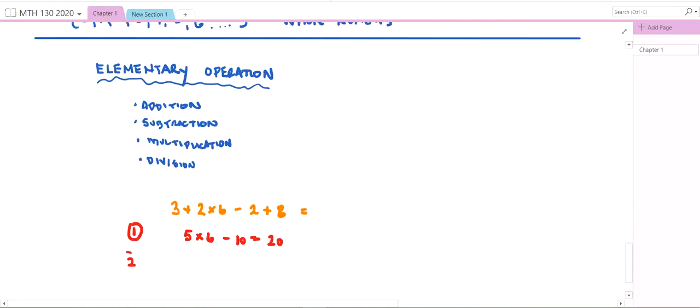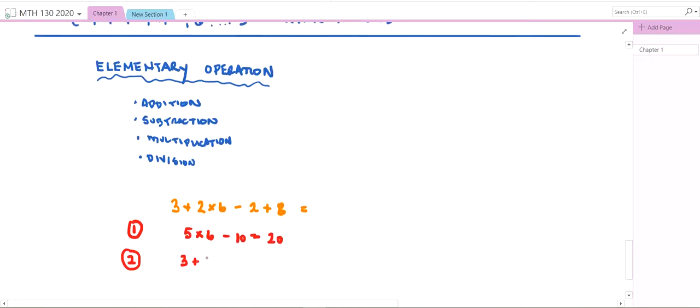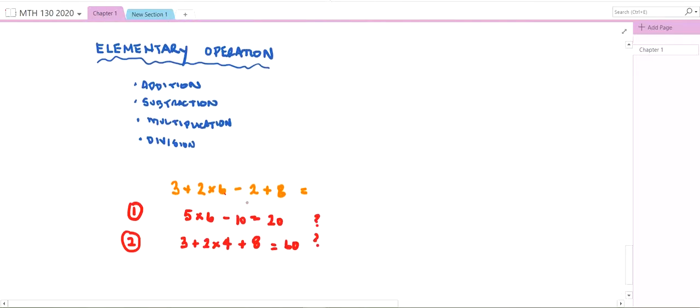Or is this 3 plus 2 times 6 minus 2 is 4 plus 8 equals 3 plus 2 is 5 times 12 equals 60? Or is it something else?